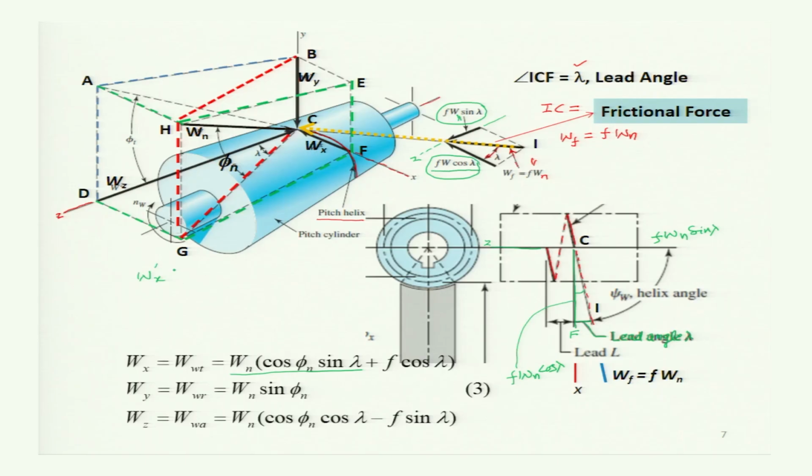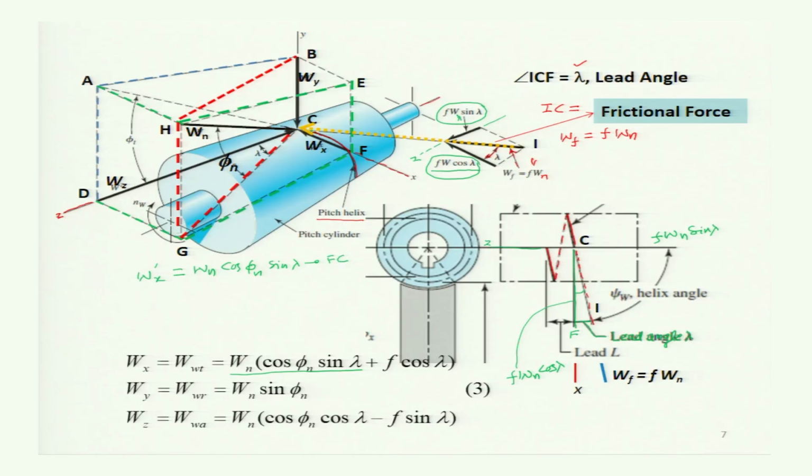So Wx dash is Wn cos phi n sine of the lambda. This was Wx dash without friction, the force acting on the worm in the direction of x, and the direction of this force is from F to C.